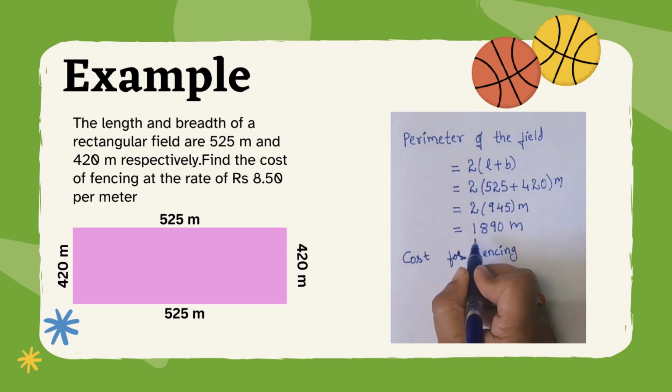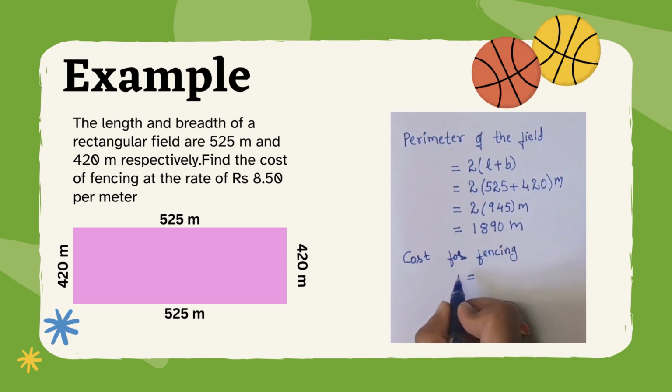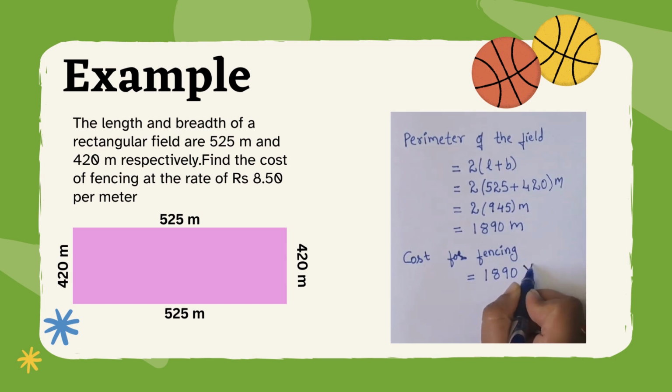Now we have to find out the cost for fencing. So what is the distance around the rectangular field? It is 1890. You have to multiply this distance with the cost of fencing per meter. What is the cost of fencing per meter? 8 rupees 50 paisa, 8.50.